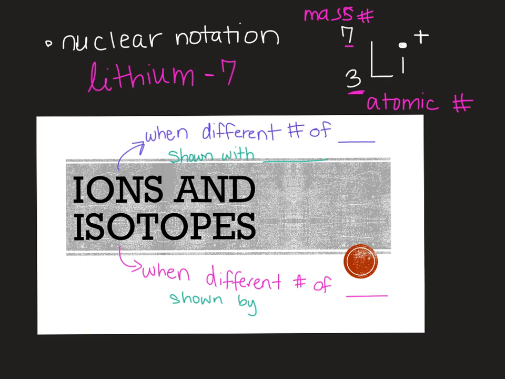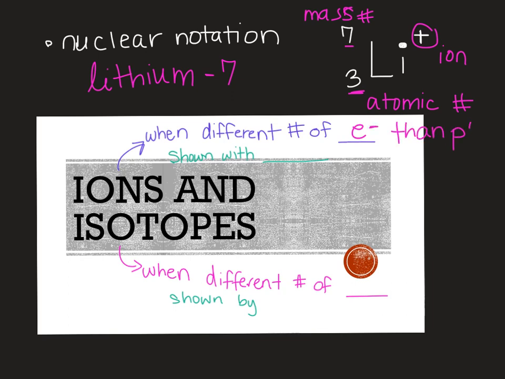We also see that we have a charge sometimes show up, and we're going to see that this refers to whether it is an ion or not, and what type of ion. Ions are going to show up, and we're going to go over these notes, when you have different numbers of electrons than protons.